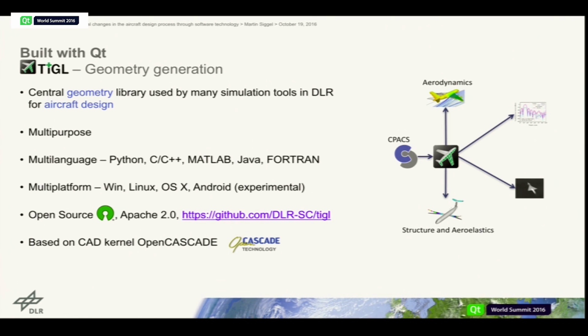It's multi-language, so we support different programming languages. It's multi-platform. It's open source, by the way, and it's based on a CAD kernel, also for computer-aided design, called Open Cascade. And so you might ask, what about Qt in that way?